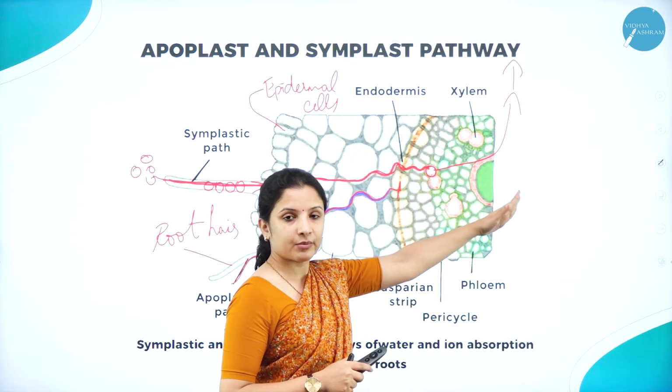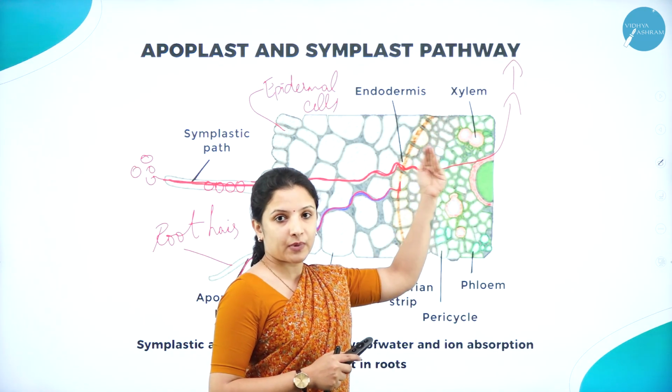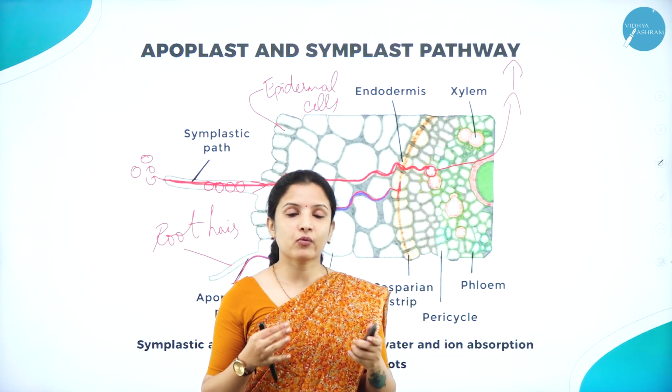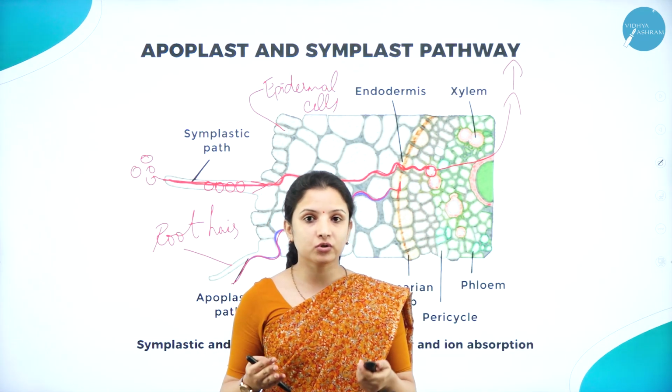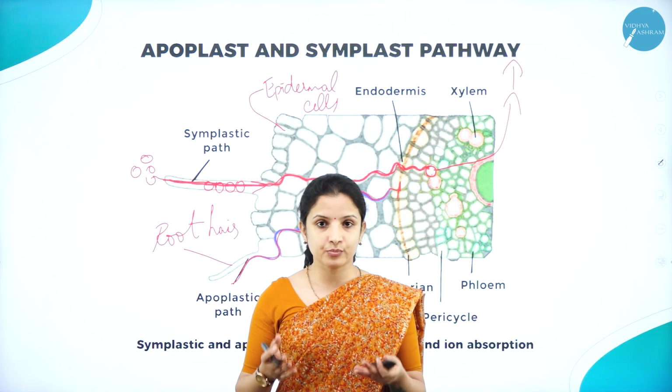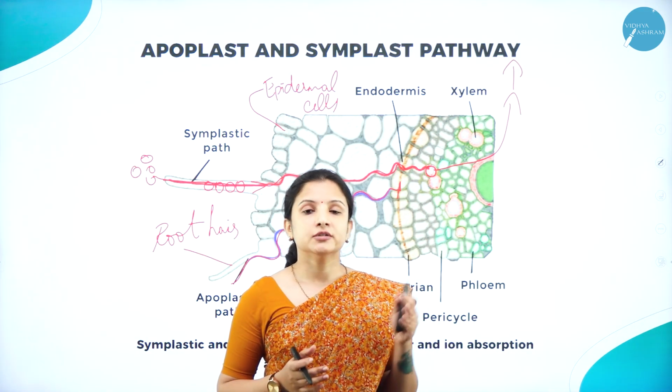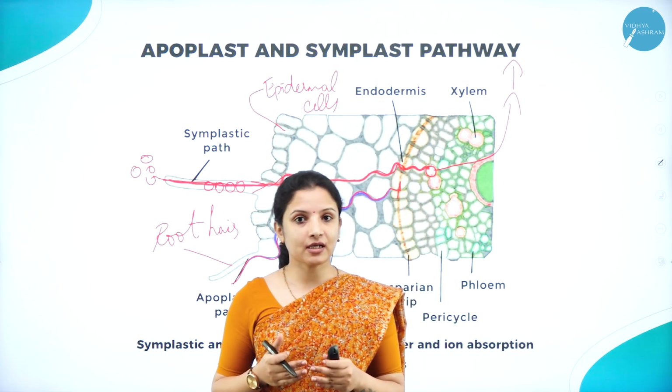From the xylem, it has to move towards the upper parts of the plant, and for that it requires a pressure, which is nothing but the root pressure and the transpiration pull, that is, cohesion, tension, transpiration pull. All that we shall study in the coming session.